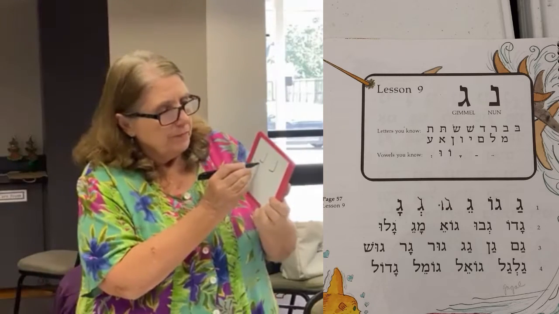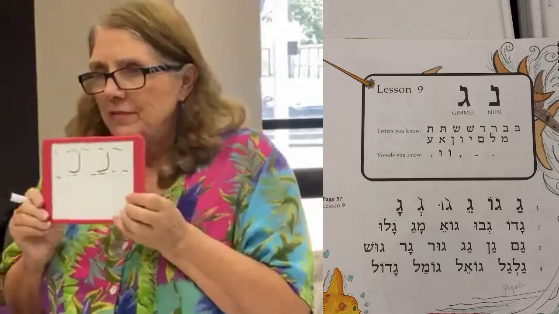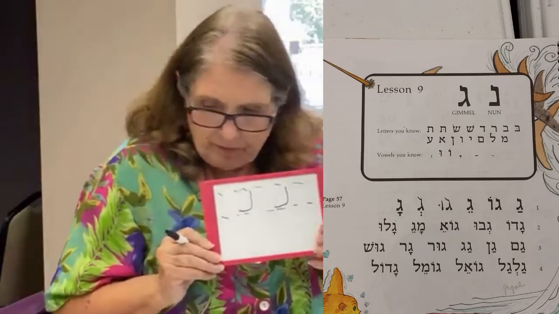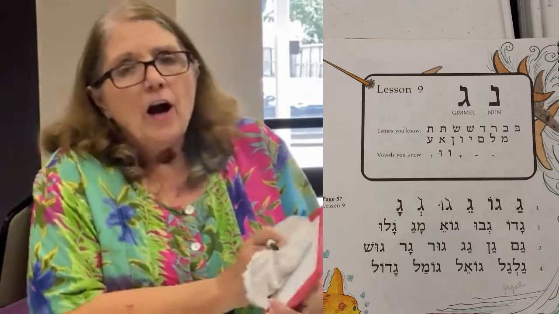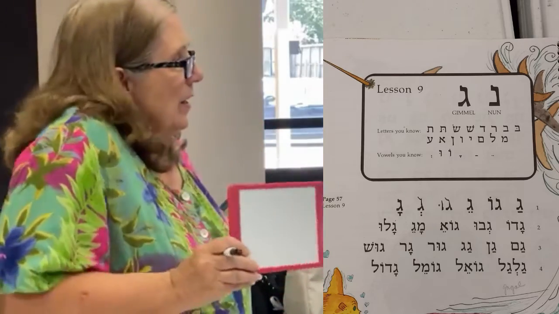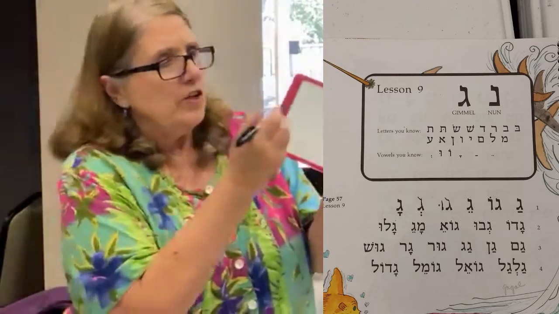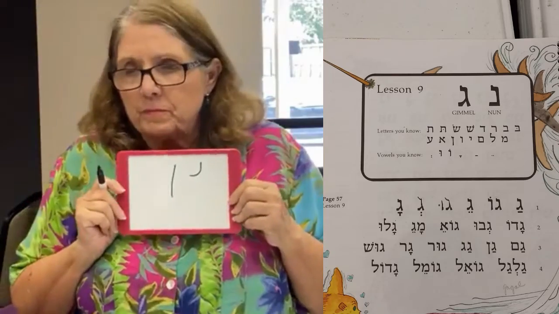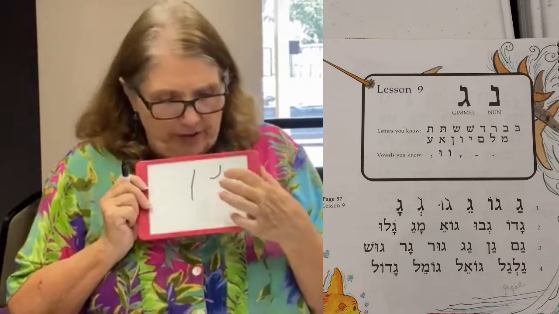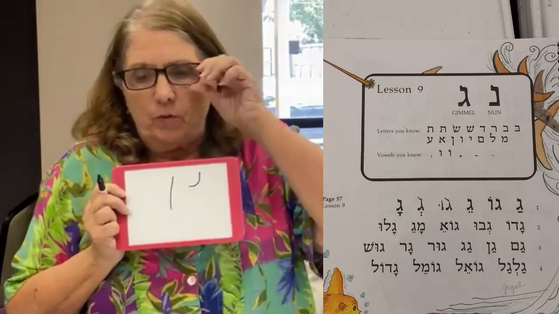It's on the line. Goes down to noon. That's a noon. So you will never see this one at the end of the word. It'll always be the long line at the end of the word.